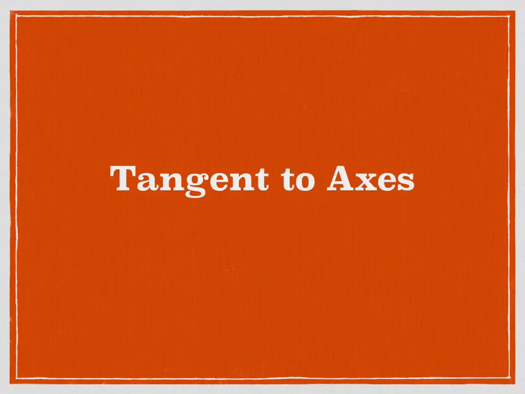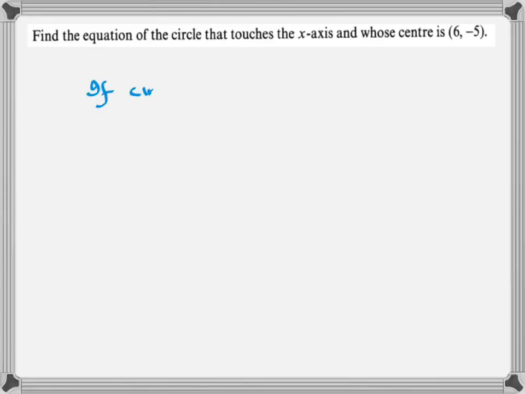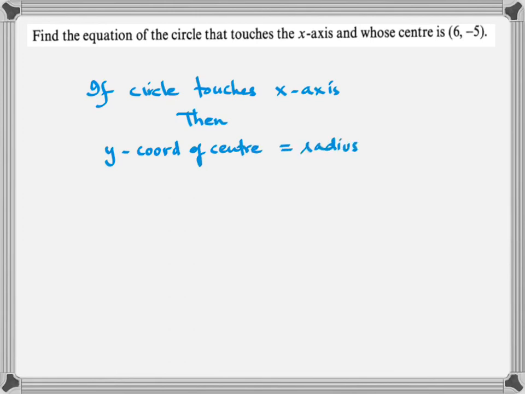Now, tangent to the axis. A question based upon this. Find the equation of the circle that touches the x-axis and whose center is (6, -5). It is necessary that if a circle is touching the x-axis, then the y-coordinate of the center is the radius. How do I know that? I know it because I can draw it.